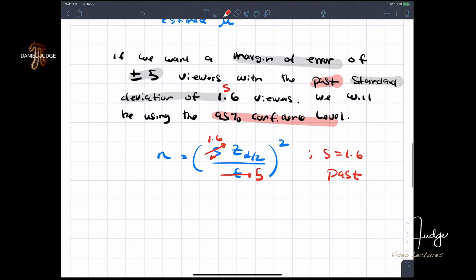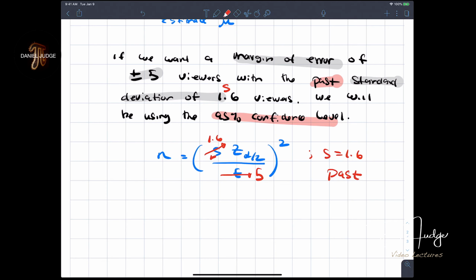So there's like a prior study where the standard deviation is given. That's from your past. And this is where they get it. Okay? So, all right, sample size needed from the past. So I want to be clear about that. You say, if I'm trying to find the number of data to gather, why is it that they gave me a standard deviation when I haven't even gathered data yet? Well, it's from the past.